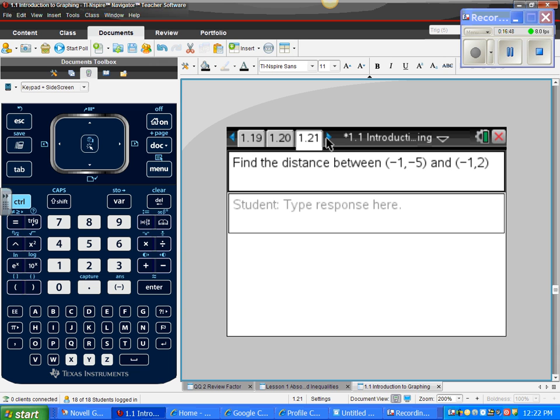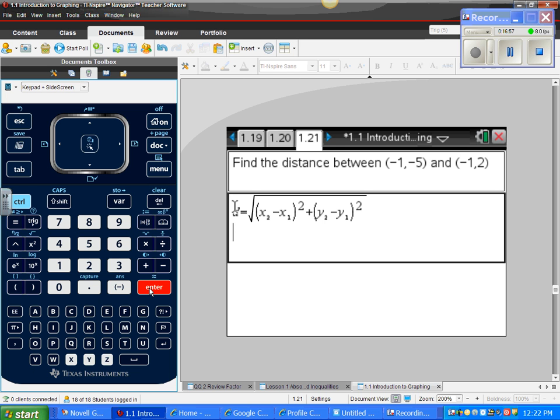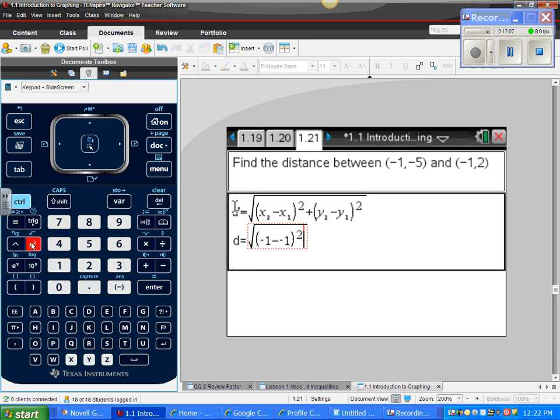Okay, so let's do it again. Distance formula. Okay, so here's my distance formula. We're going to go ahead and plug in. D equals the square root of x2 minus x1 squared plus y2 minus y1 squared.